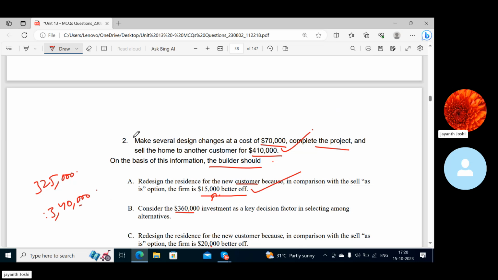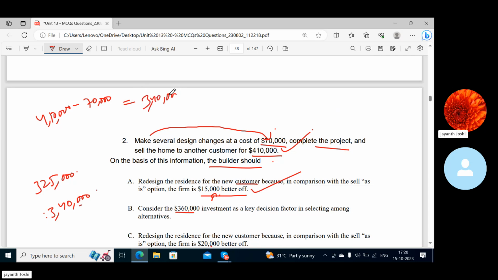And the firm is better off by redesigning the residence for a profit of 340. So make several design changes at a cost of this, complete the project and sell the home to another customer. If they sell it for 410, and if I remove 70, what am I getting? 3,40,000.